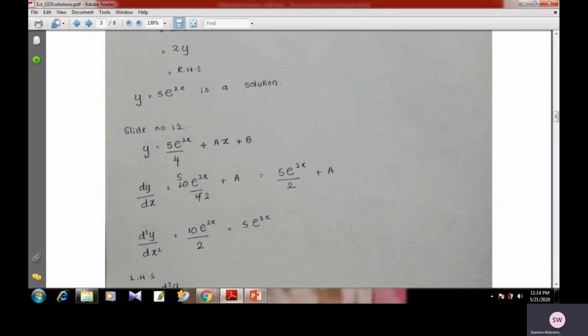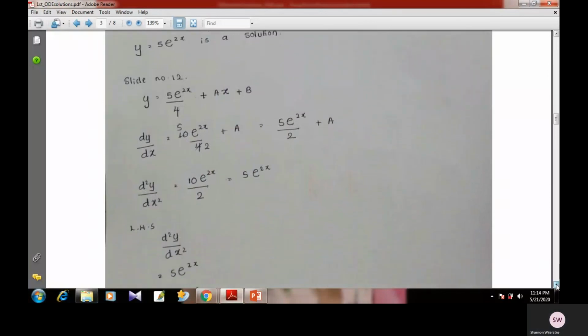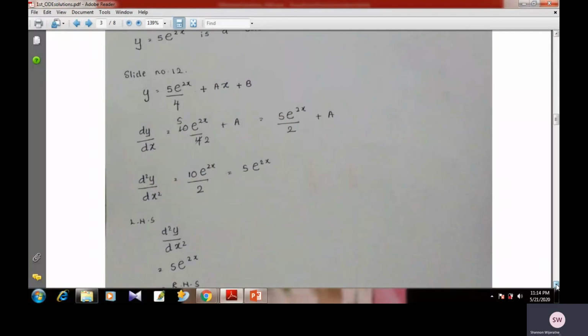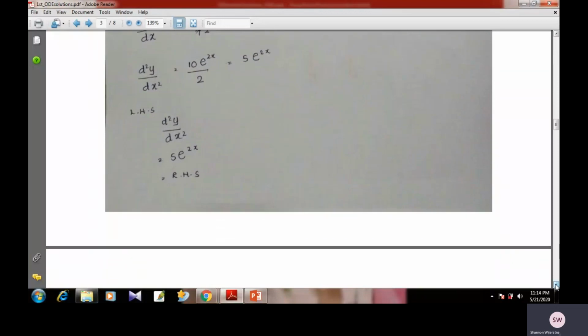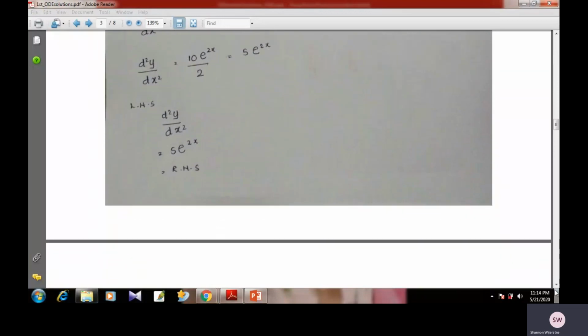The second derivative is 5e^2x. So we take the left hand side, d2y over dx squared, which is 5e^2x. So this solution satisfies the given differential equation.